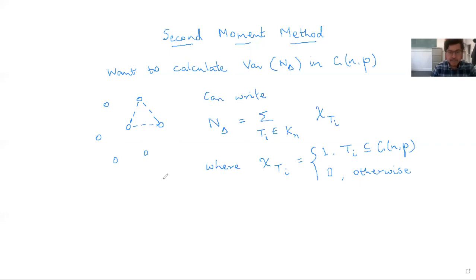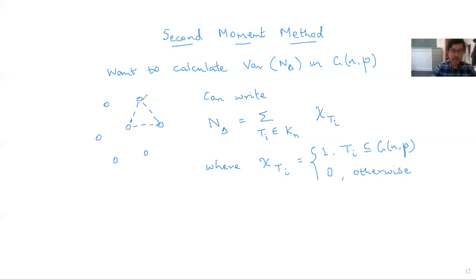I hope the notation is clear. Take some time to make sure you understand the notation. All we've done is replaced unordered triplets of nodes with triangles. So we look at all the triangles in the complete graph, which are all the possible triangles that could exist in the random graph GNP, and we number them in some way.